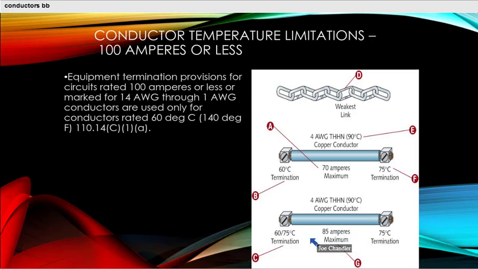Now I can use the 75 degree C column to determine the ampacity of this conductor. You'll notice that because this terminal went from 60 to 75, the ampacity of the conductor went from 70 to 85. So it's really a big puzzle. It all fits together, but it can never be more than whatever the weakest link is. So remember that, 110.14(C). Now this is 100 amps and less.